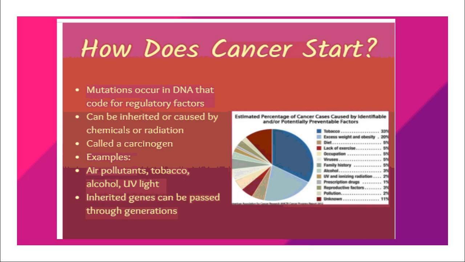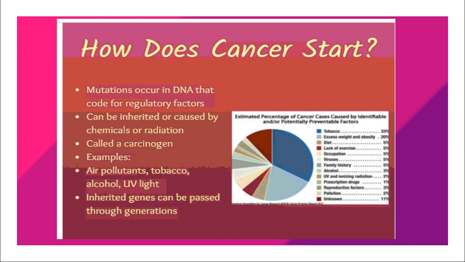Okay, so how does cancer start? Cancer is essentially caused by changes to the DNA within the cell, which we call mutations. These mutations occur in the DNA that codes for those regulatory factors that would keep the cell growth in check.